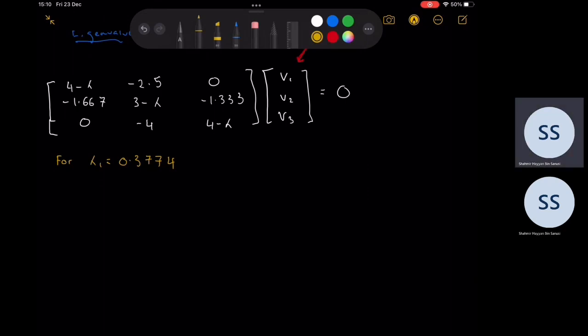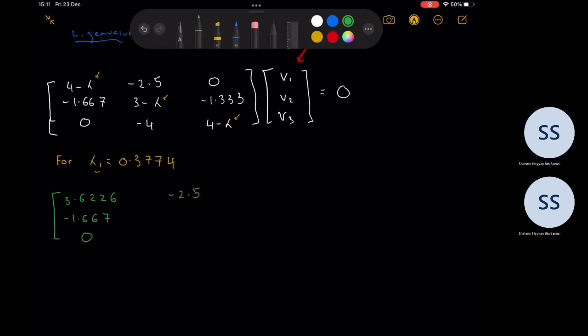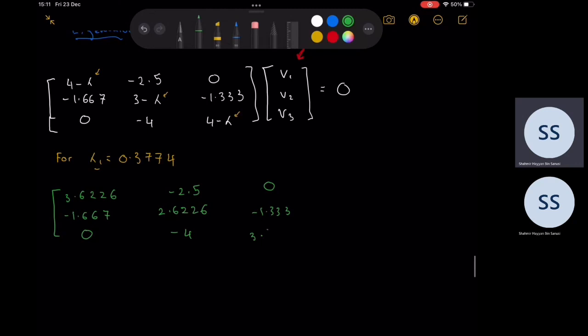So we replace this lambda value into this matrix. It will become 3.6226, negative 1.667, 0, negative 2.5, 2.6226, negative 4, 0, negative 1.333, 3.6226.